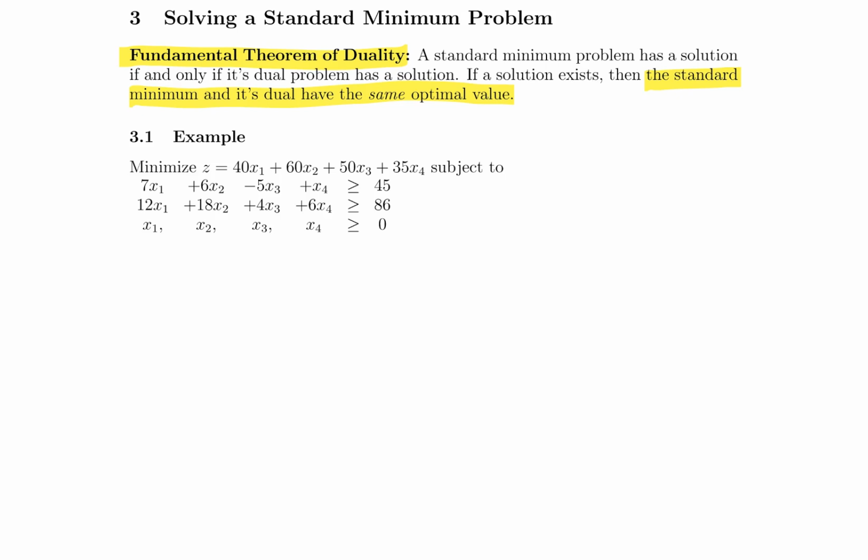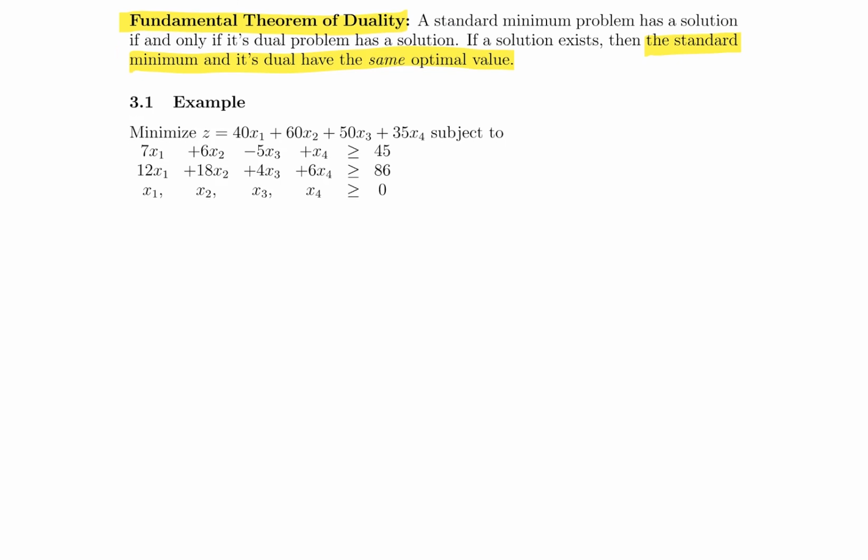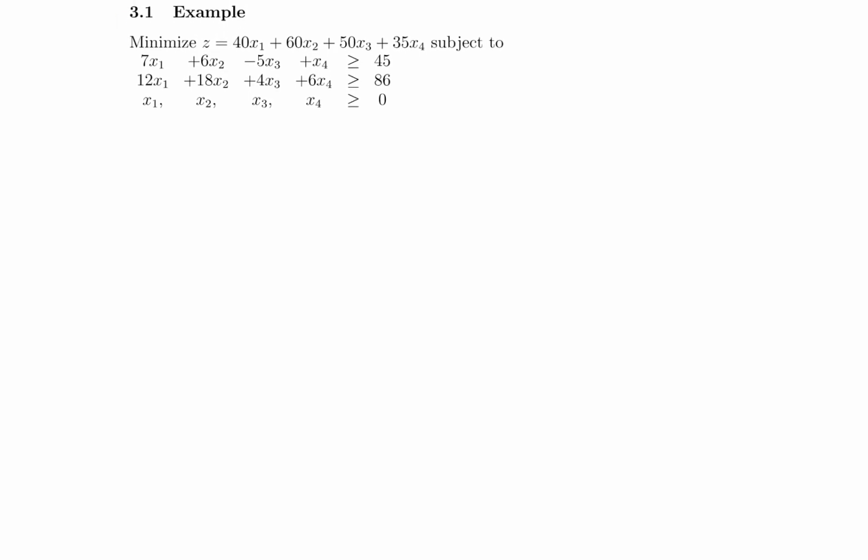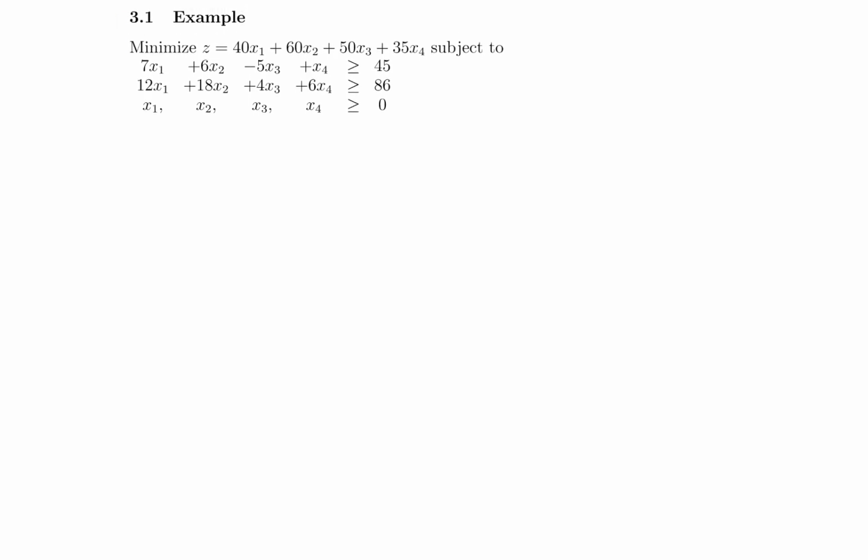So let's go ahead and see how we can actually solve a standard minimum problem here. So we have a standard minimum problem. The first thing we need to do is come up with the dual problem. So we're going to need to write the original augmented matrix, and then we will transpose it to find the dual.